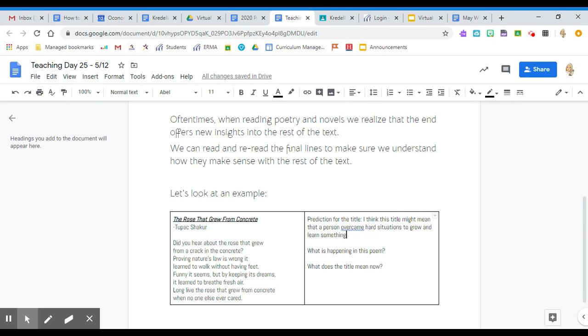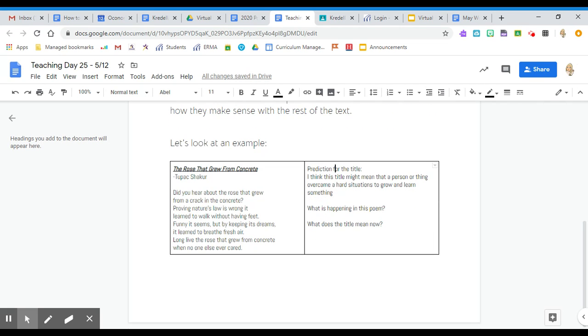Because I'm thinking, right, a rose growing from concrete, that's not where you think a rose grows, in a garden with soil and sunlight and nutrients. So if it grew from concrete, I think it might mean that a person or thing overcame a hard situation to grow and to learn something. So that's going to be my prediction for the title. I'm going to have you guys do this too. You're going to make a prediction for your title before you read. So now let's read together.